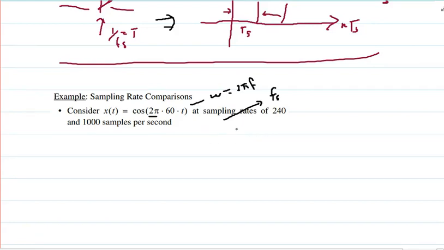What we need is to find the equivalent x(n) of the discrete signal, or x(nTs).